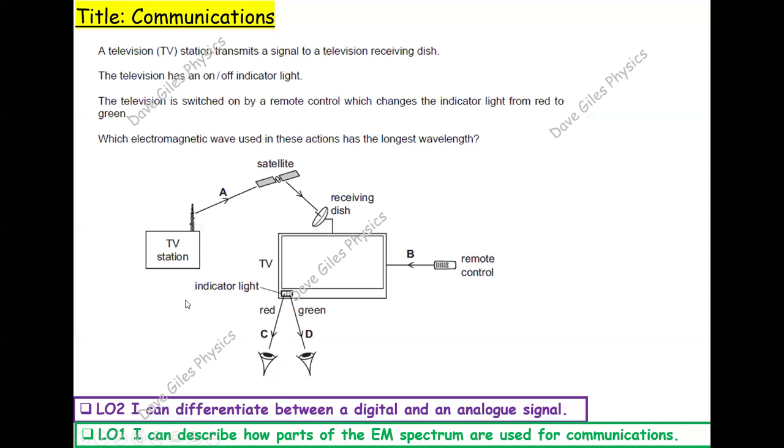So remember the order of the electromagnetic spectrum, that's from previous learning. The one with the longest wavelength is the same as the one with the smallest frequency, which is radio waves. So radio waves are being used here from the TV station to the satellite. A.